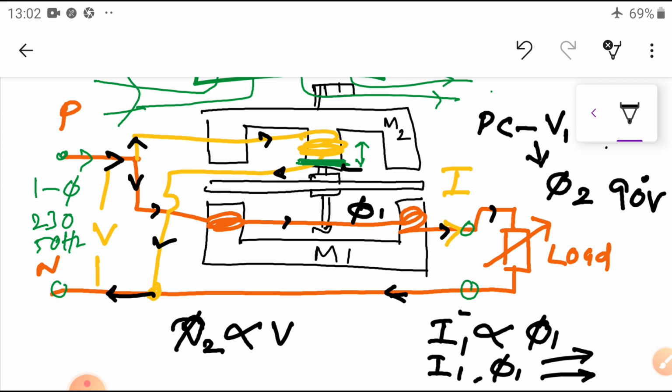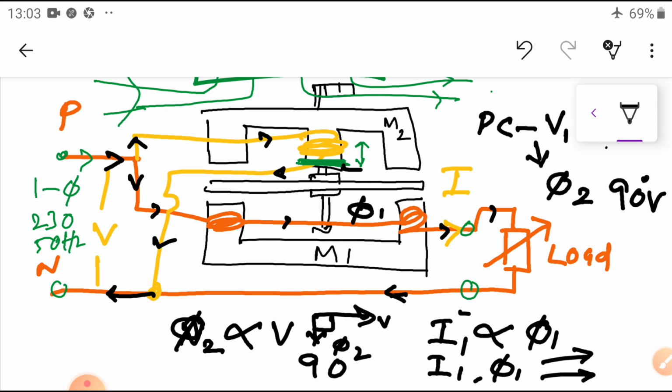Whereas in this case, the phase displacement between voltage and flux is 90 degrees. That means suppose voltage is in this direction and flux produced phi 2 is in this direction. There is 90 degrees phase displacement between the applied voltage and the flux produced in the shunt magnet. Okay, all this we have seen in previous classes.